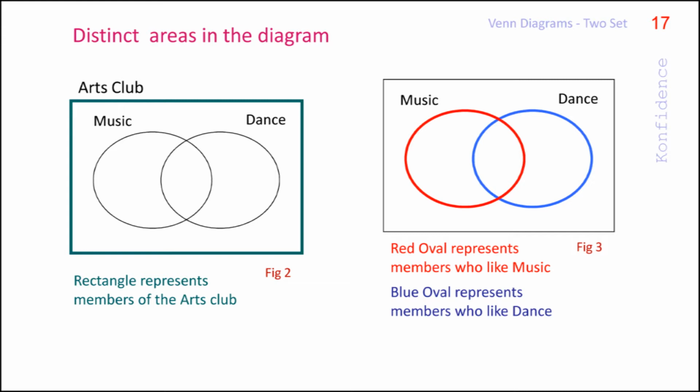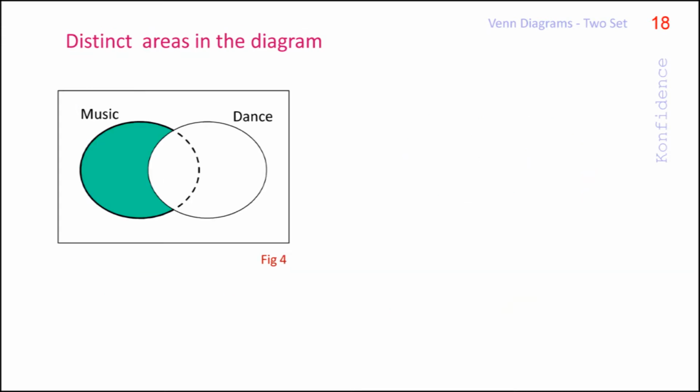What it means is that every member inside the red oval likes music. Similarly, every member inside the blue oval likes dance.